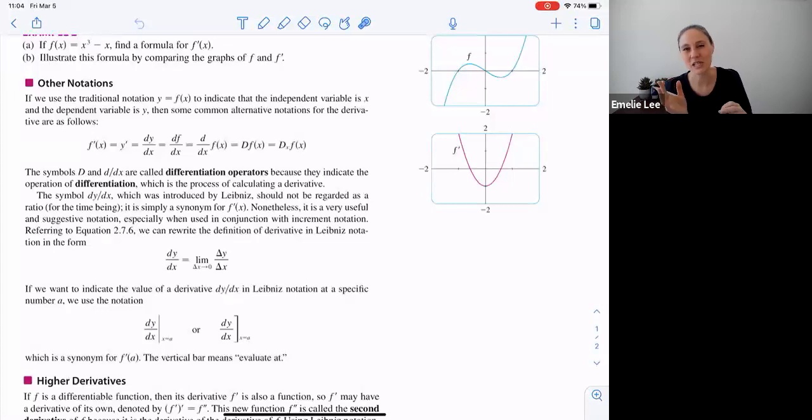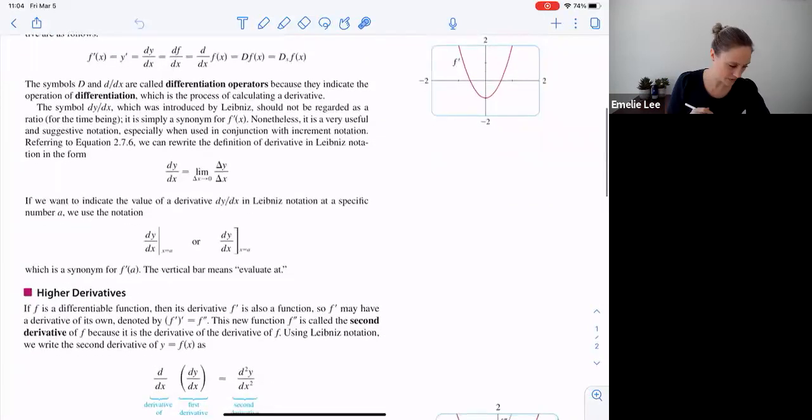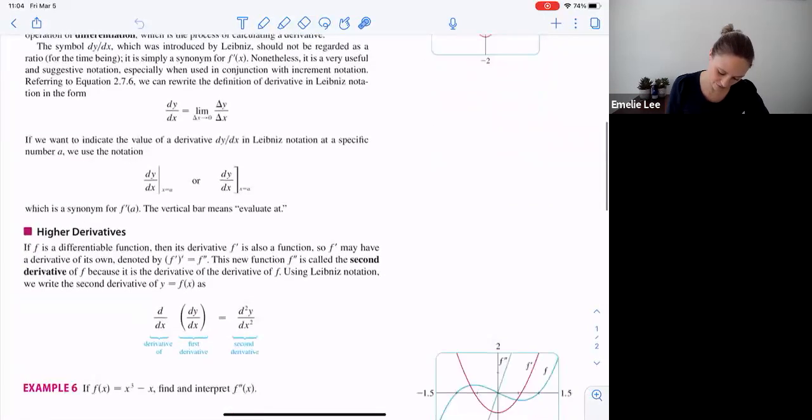So how quickly is the tangent line changing? Because the tangent line is also going to be a function, right? Then I'm taking a higher derivative. So we can take the derivative of a derivative, and then we can take the derivative of that, and we can go on for as long as we want. At some point, it's going to go to 0, which we'll see in our examples when we finish them off here.